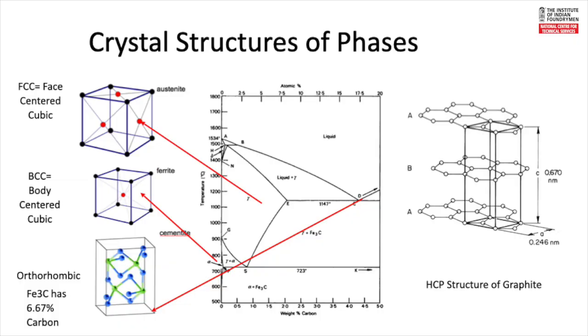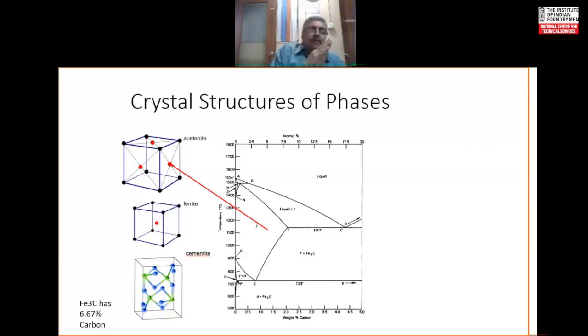Let's have a quick look at the crystal structure of various phases. We talked about austenite, ferrite, and cementite. Cementite has the chemical formula Fe3C. It is an intermetallic compound with a fixed carbon level of 6.67%. Austenite has a structure called face-centered cubic.